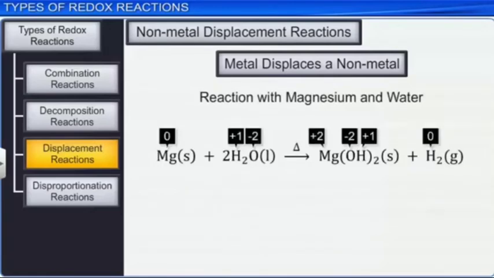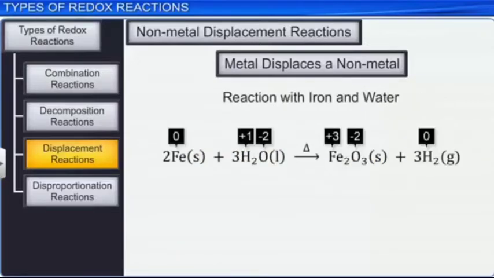For example, magnesium reacts with steam to produce magnesium hydroxide and hydrogen gas. Similarly, iron reacts with steam to form iron 3 oxide and hydrogen gas.